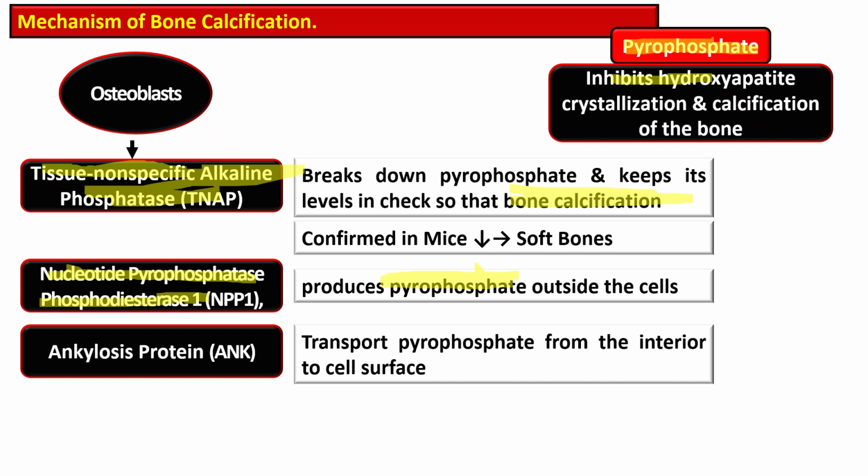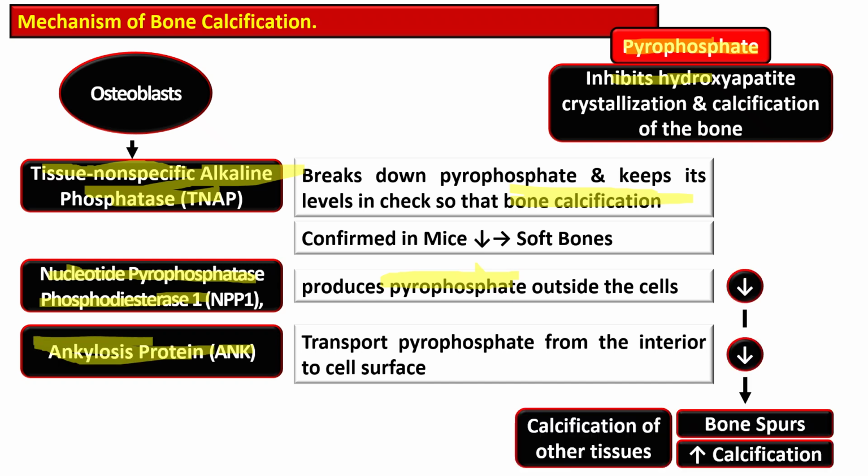Then there is ANK, or ankylosis protein. This transports pyrophosphate from inside the cell to the outside. This ANK protein is a transporter of pyrophosphate from the interior of the cell to the outside, and it helps to maintain the extracellular pyrophosphate pool.